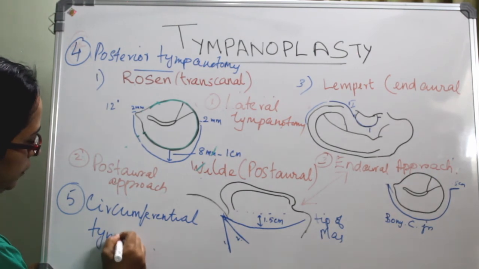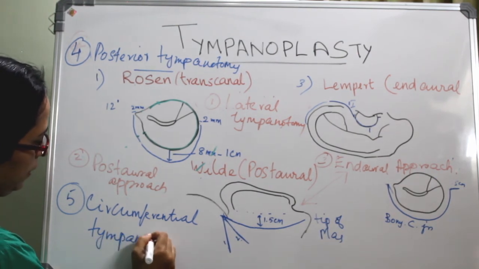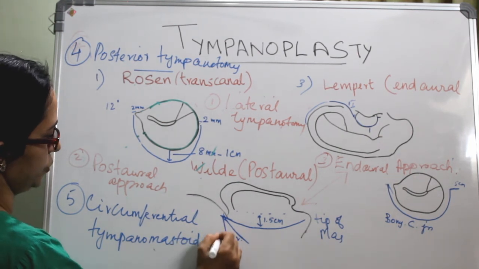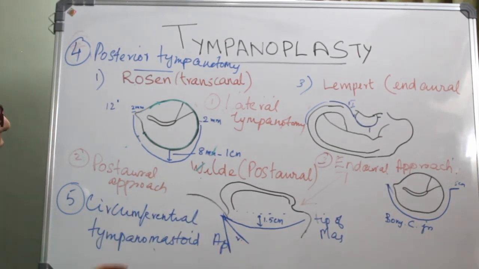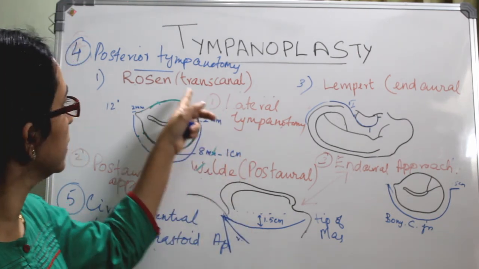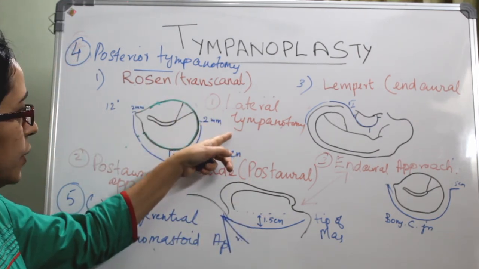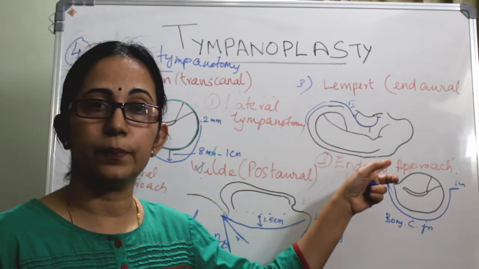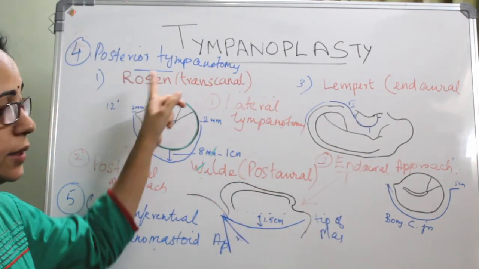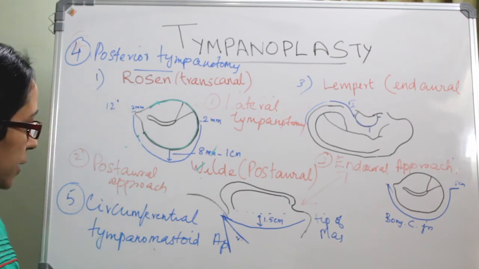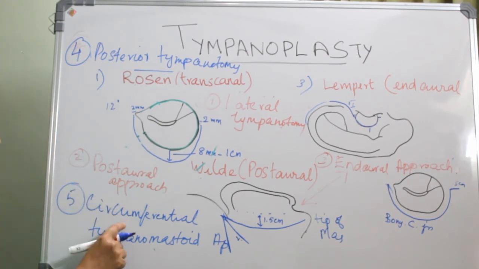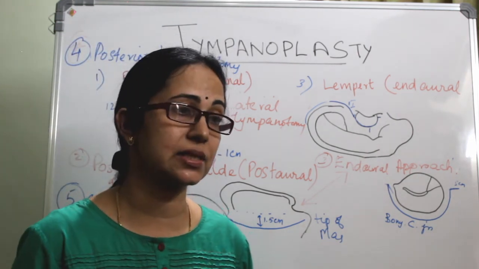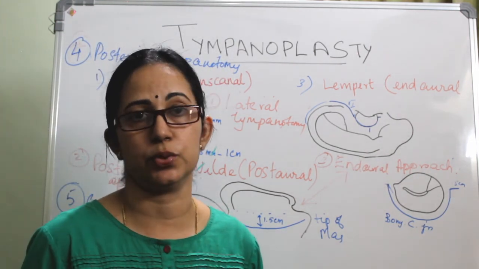This is mainly for the postgraduates. So for undergraduates, you should at least remember the lateral tympanotomy approach, then the post-aural approach, endaural approach, and also the posterior tympanotomy approach. And postgraduates should include the circumferential tympanomastoid approach, that is mainly for the facial recess and sinus tympani cholesteatoma.